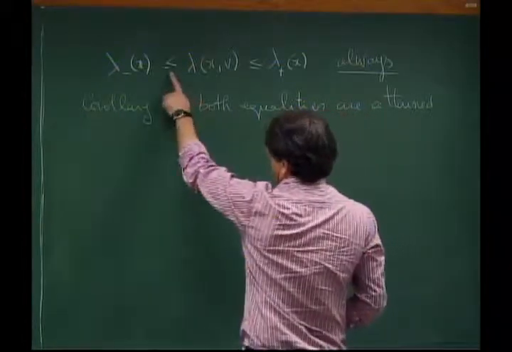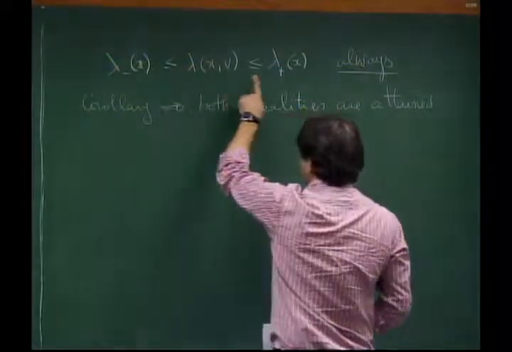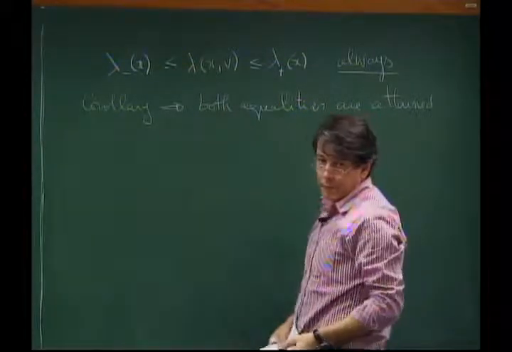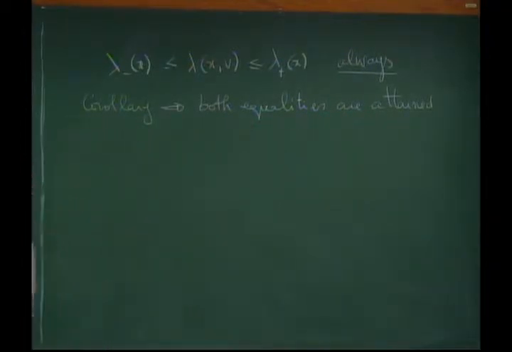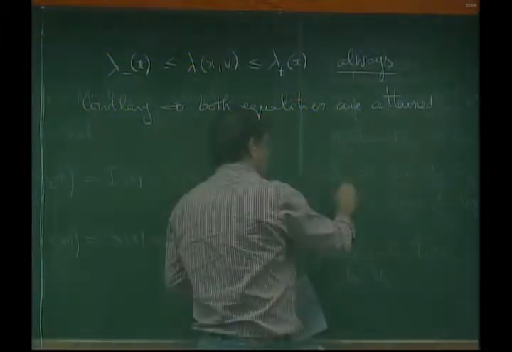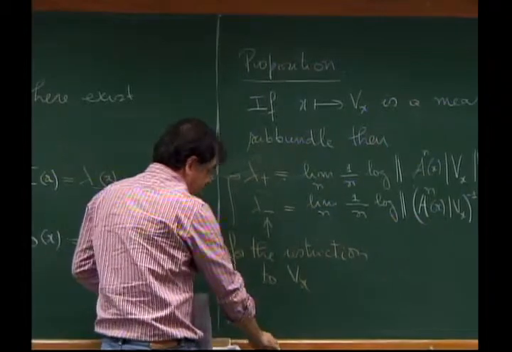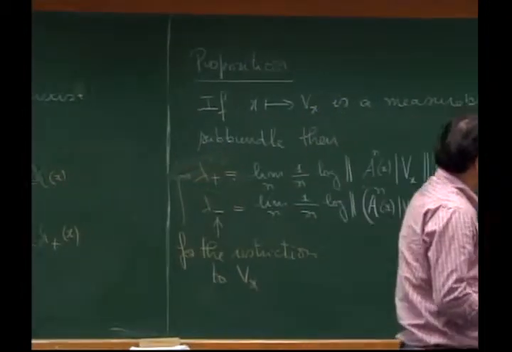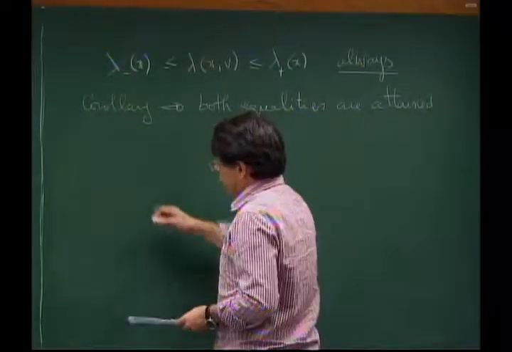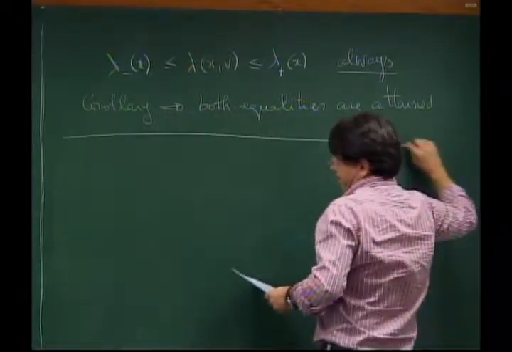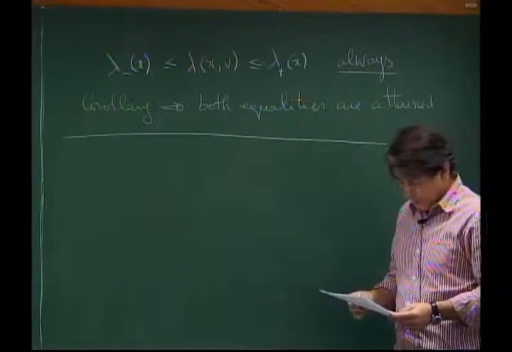There exists some vector where you have this equality and some other vector where you have this equality. We can do this by letting V vary in the whole space, or we can do that for V only restricted to this invariant subbundle. So we get the conclusion of the proposition.